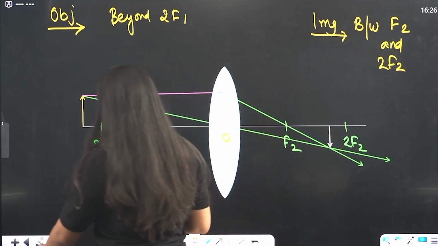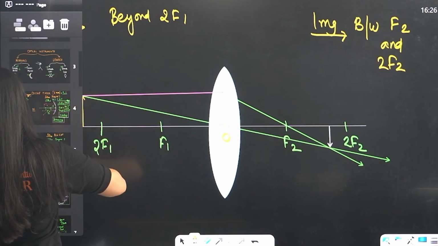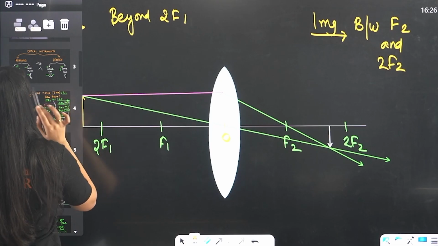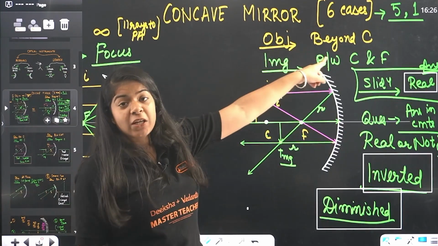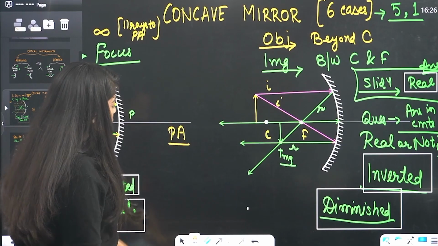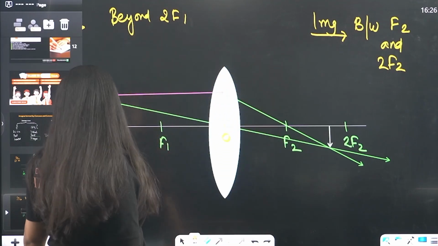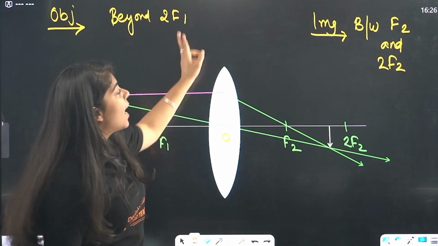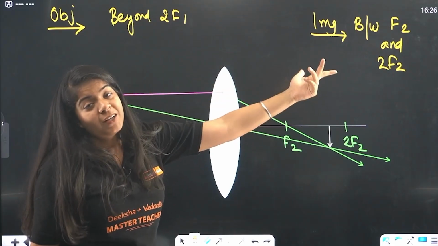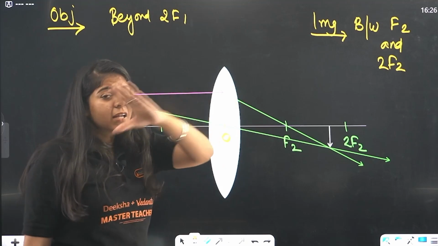You remember the concave case where the object was beyond C and the image was between C and F. But now the object is beyond 2F1, that is our C in this case, and the image is between F2 and 2F2. Just like that case, a little bit of difference is there.